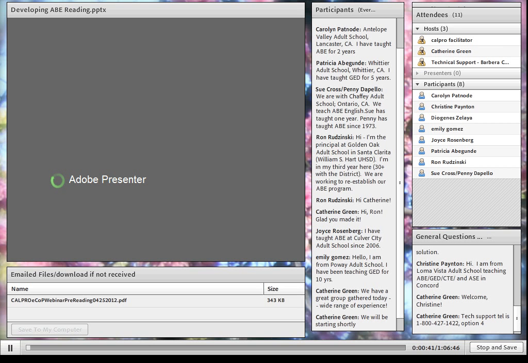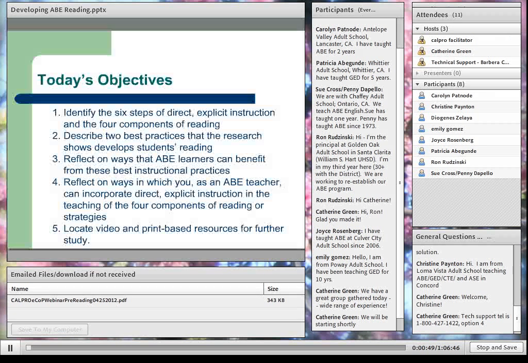Okay, let's think about our objectives for today, which are we hope to identify the 6 steps of direct explicit instruction and the 4 components of reading.